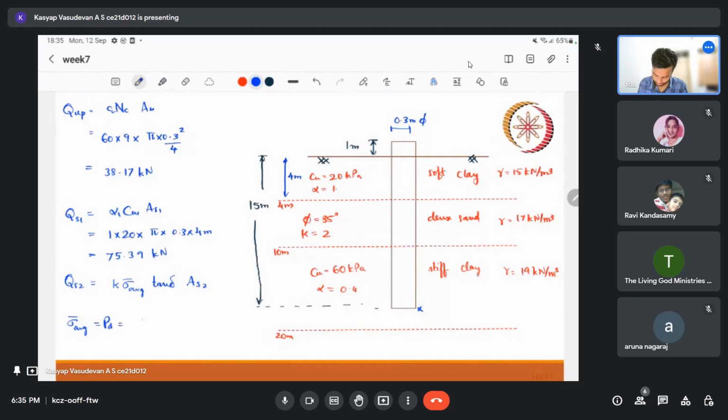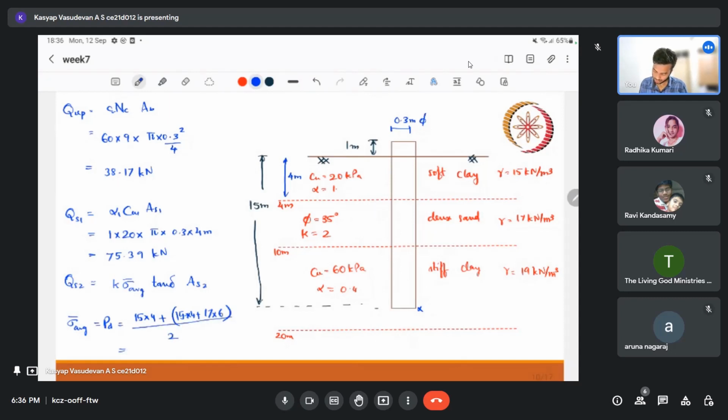At 4 meter depth I have 15 into 4, and at 10 meter I have 15 into 4 plus 17 into 6, and I need the average.